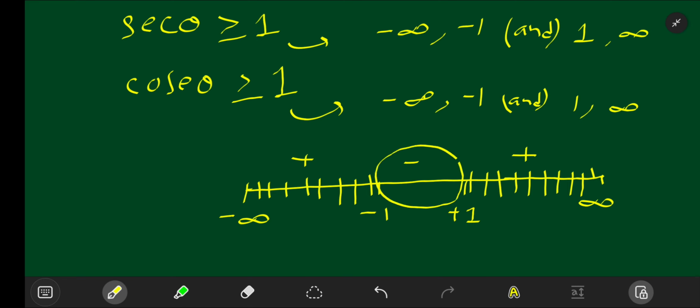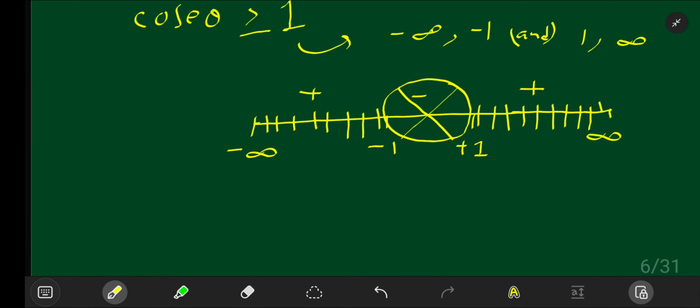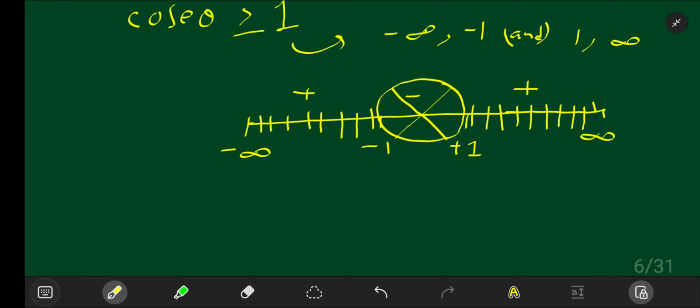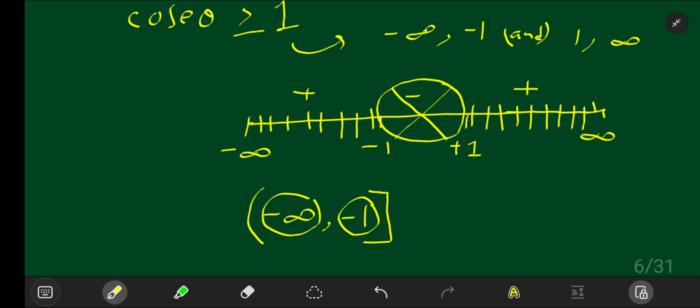This middle portion will be cancelled. So the range is written as minus infinity comma minus 1. Here open bracket, here closed bracket. Minus 1 is considered and minus infinity is not considered, and between values are considered.